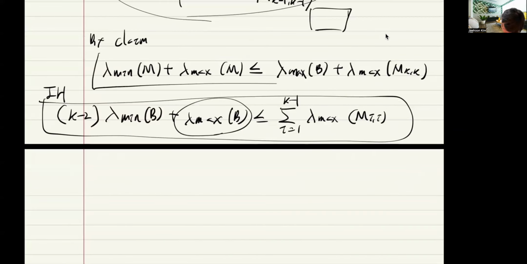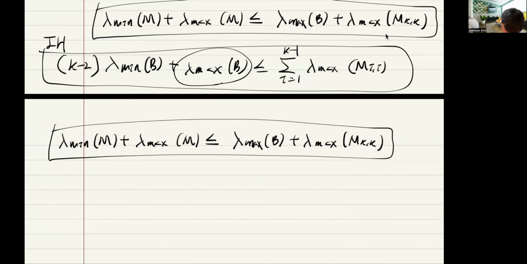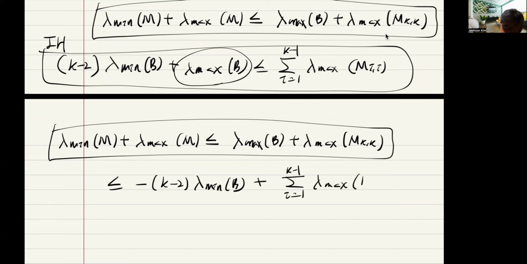Then you get this, and this is at most minus K minus 2 lambda min of A plus the summation of I equals 1 to K minus 1 of lambda max of MII. And then you add this, so you just write this as K.